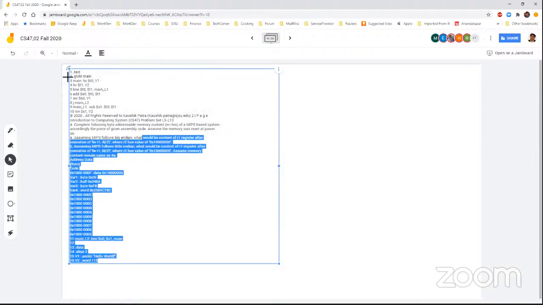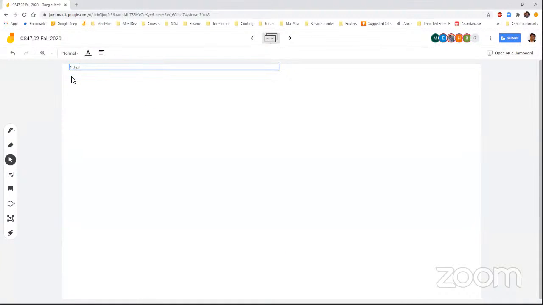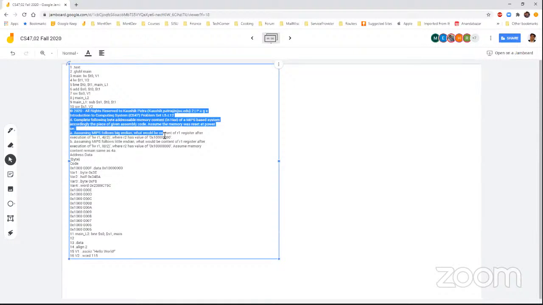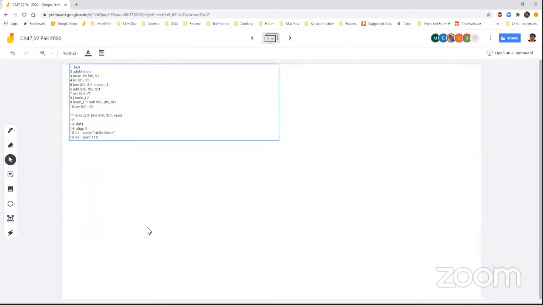Just hold on. Something is new. So this one, right? Control C, Control V, text, Control man. What is this? 10. Oh, this makes sense.